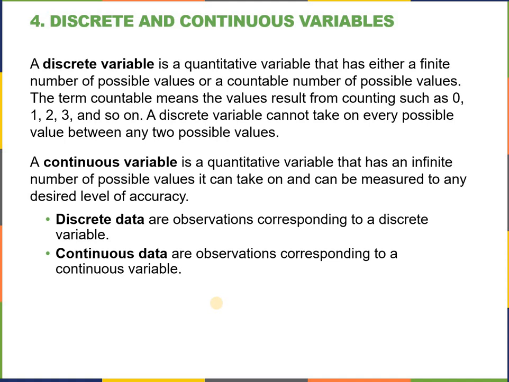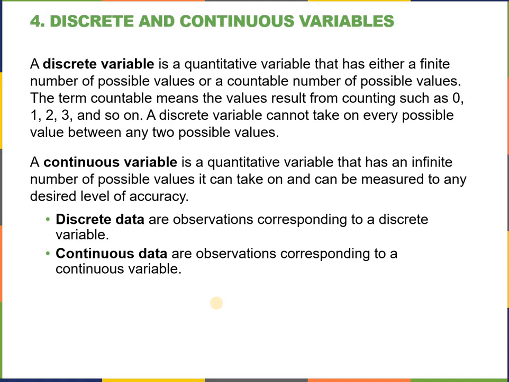So if we look at quantitative variables, it could be a discrete variable, which is basically a quantitative variable that has either a finite number of possible values or a countable number of possible values. The term countable means the values result from the counting, such as 0, 1, 2, 3, and so on. A discrete variable cannot take on every possible value between any 2 possible values.